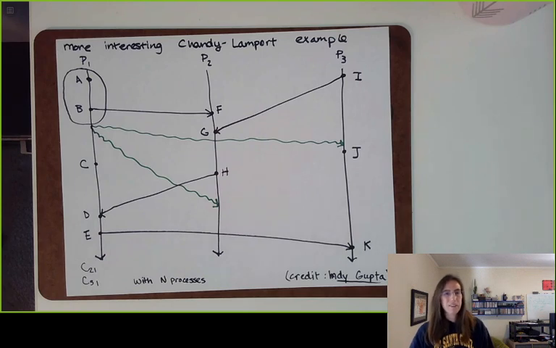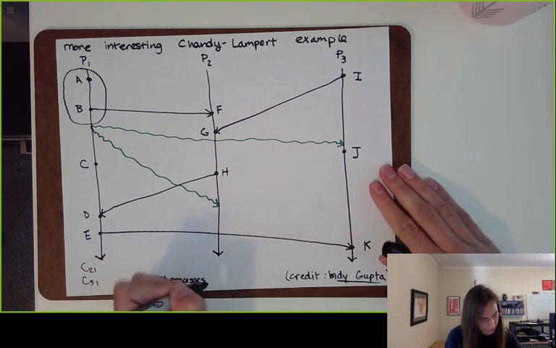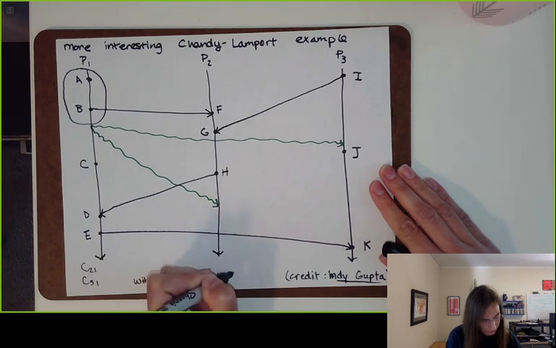It's not n factorial. That's a little bit of an overestimate. Yeah, that's right. So the number of messages that get sent is n times n minus 1.